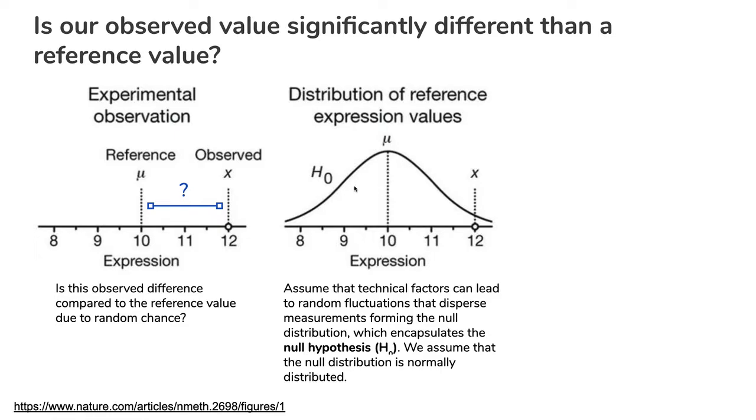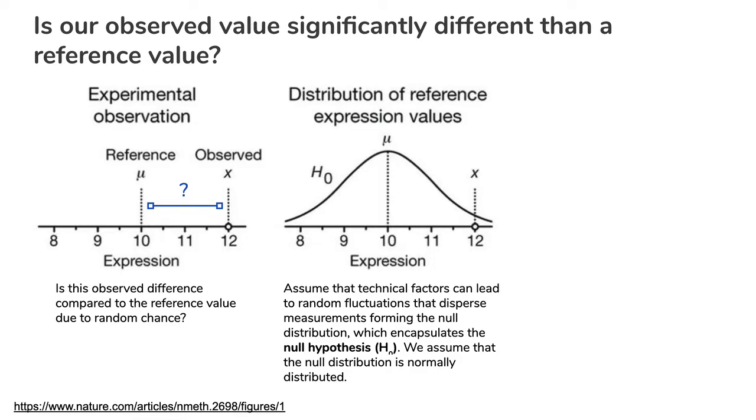That range of values establishes what would be called the null hypothesis, the distribution of the null hypothesis, otherwise known as the null distribution. So we're trying to ask whether or not this observed value lies within the expected range, or more precisely, how much of an outlier is the observed value with respect to the null distribution?